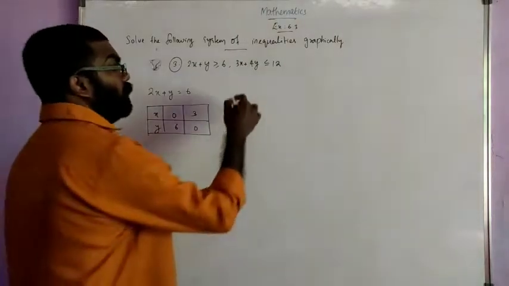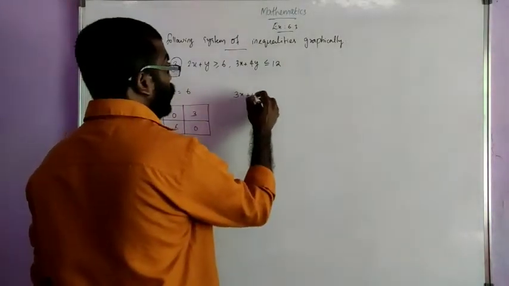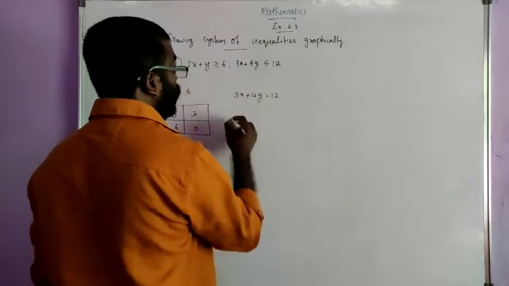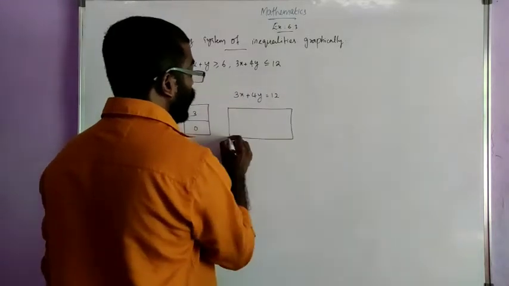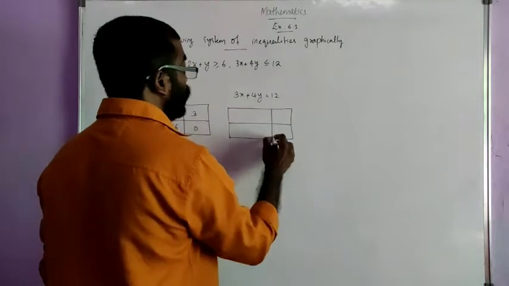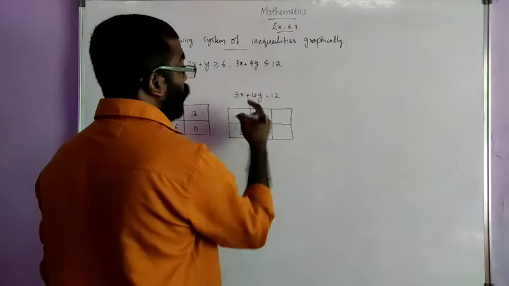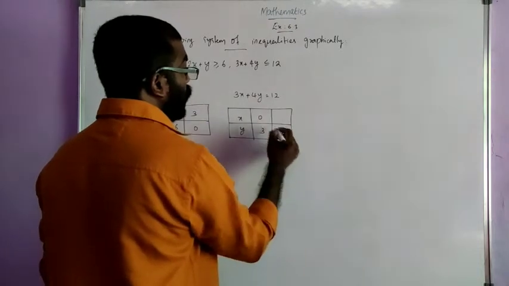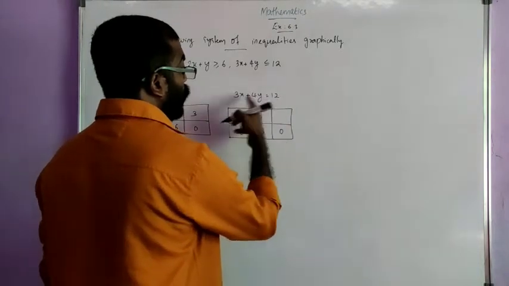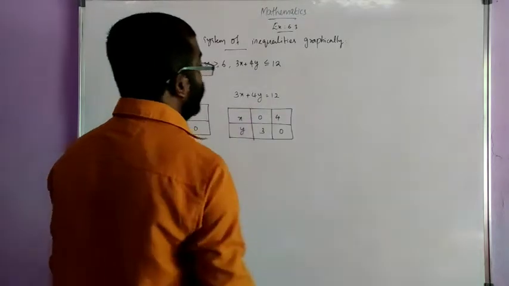Okay. Next one is 3x plus 4y equal to 12. Here also we can find 2 points. x, y, when x equal to 0, 12 by 4, 3 and when y is equal to 0, x equal to 12 by 3, 4.